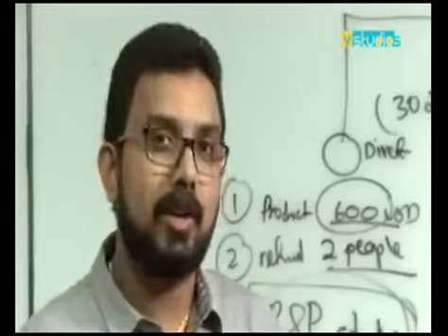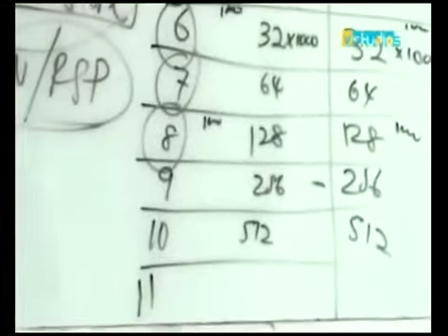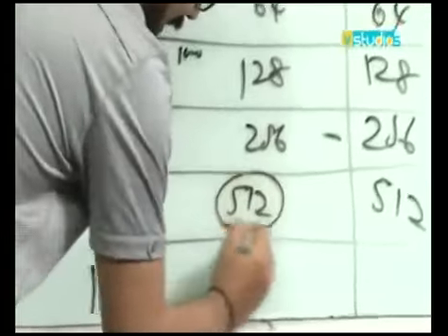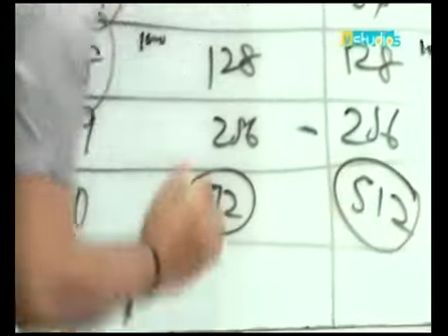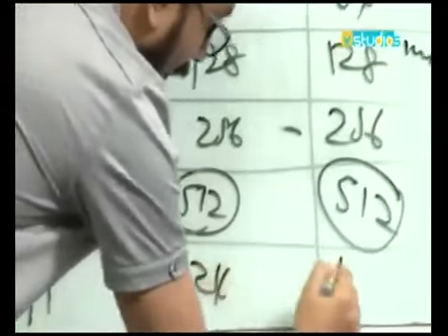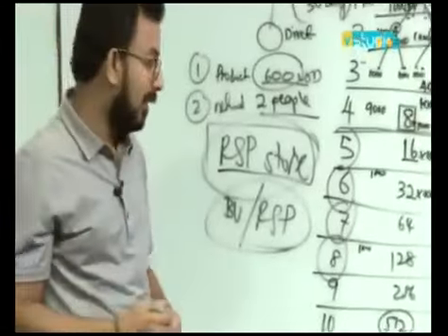Now use your imagination. Let's look at month number 11. These 512 new sign-ups, in 30 days, find 2, 1024. That's over 1 million BV.